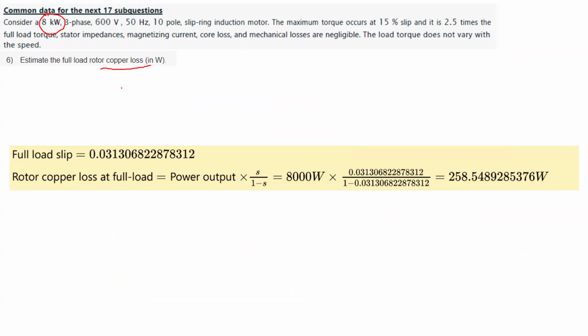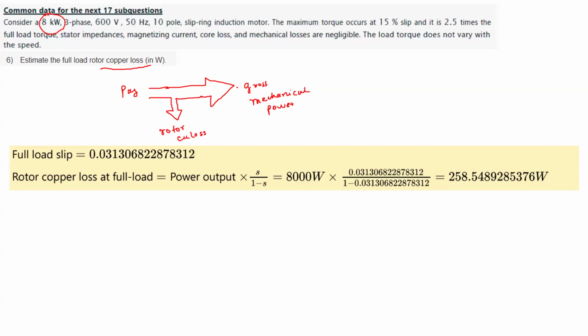So what we know is that air gap power minus the rotor copper loss, if I take out the rotor copper loss from the air gap power, then we get what? We get gross mechanical power.